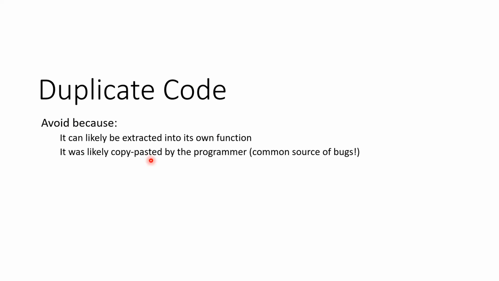And if the source of the copy-paste has a bug, you are copy-pasting the bug. And if your source is modified and the bug was fixed, you have to go to every single instance of the copy-pasted code to fix the bug. And if you miss one, the bug will be there and it is hard to find.